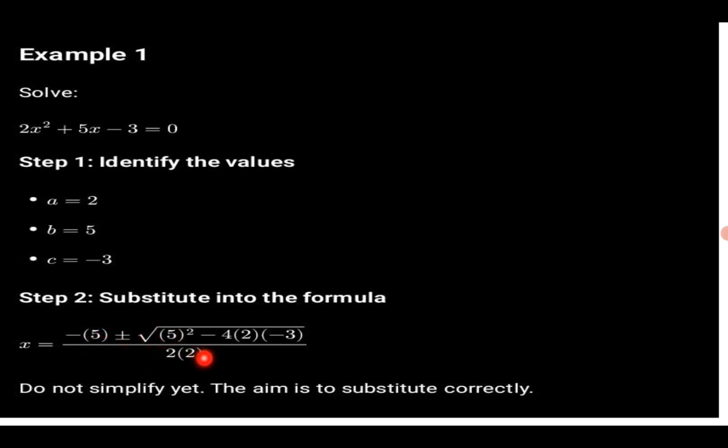So down here there's an a, you put 2 multiplied by a. So do not simplify yet. The aim here is just to substitute correctly. So don't go ahead to simplify this one for now. We are just practicing with substituting correctly.